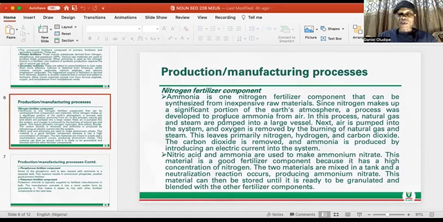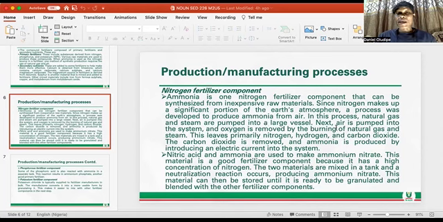Ammonia is one nitrogen fertilizer component that can be synthesized from inexpensive raw material. Since nitrogen makes up a significant portion of the Earth's atmosphere, a process was developed to produce ammonia from air. In this process, natural gas and steam are pumped into a large vessel.